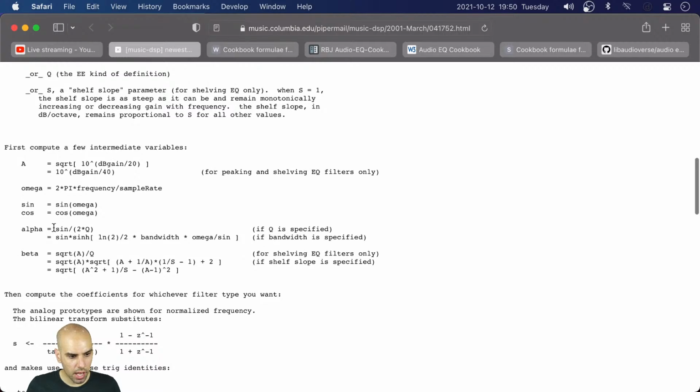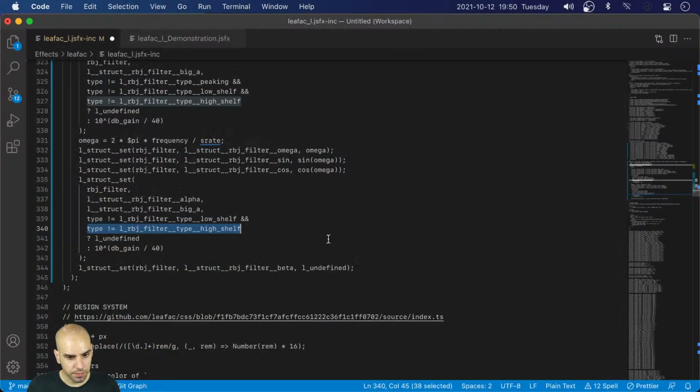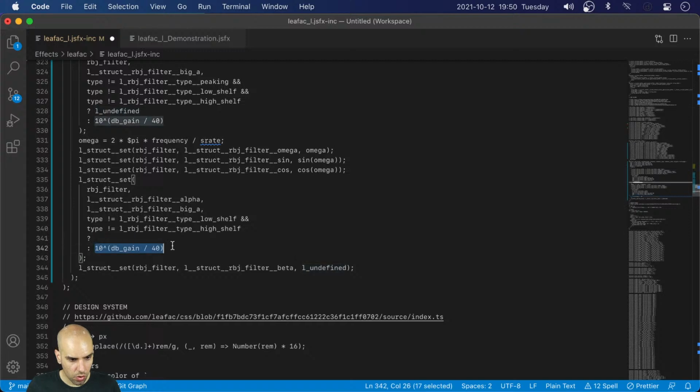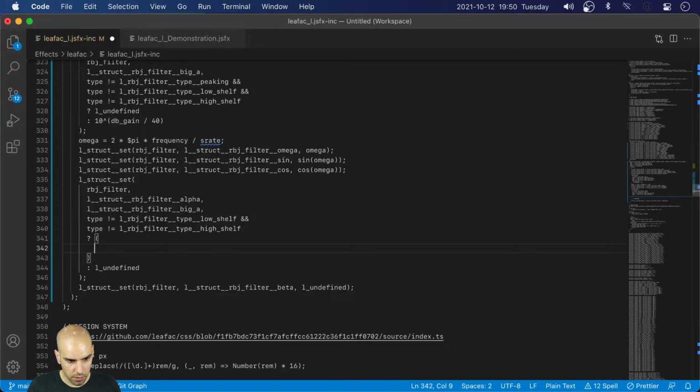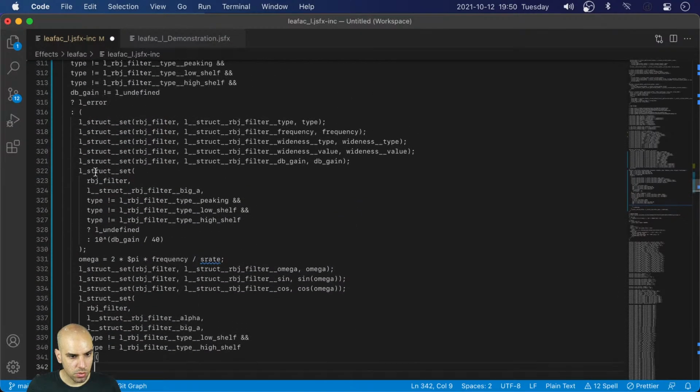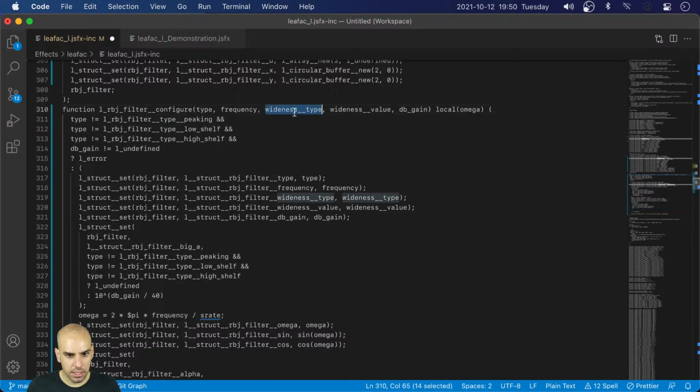Let's get the alpha equations. We have two of them. Otherwise, it will be undefined. So in here, I'm going to have another one of these conditionals. I'm going to check if my type is Q. So let's check the wideness type.